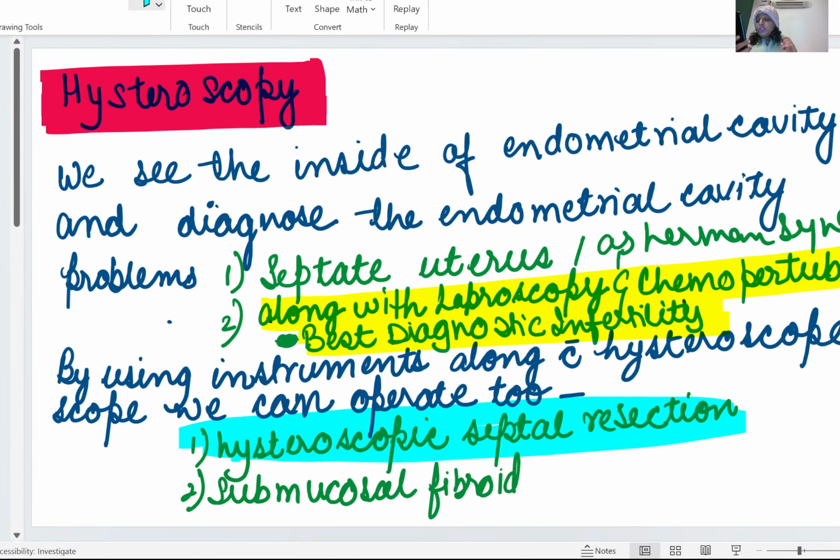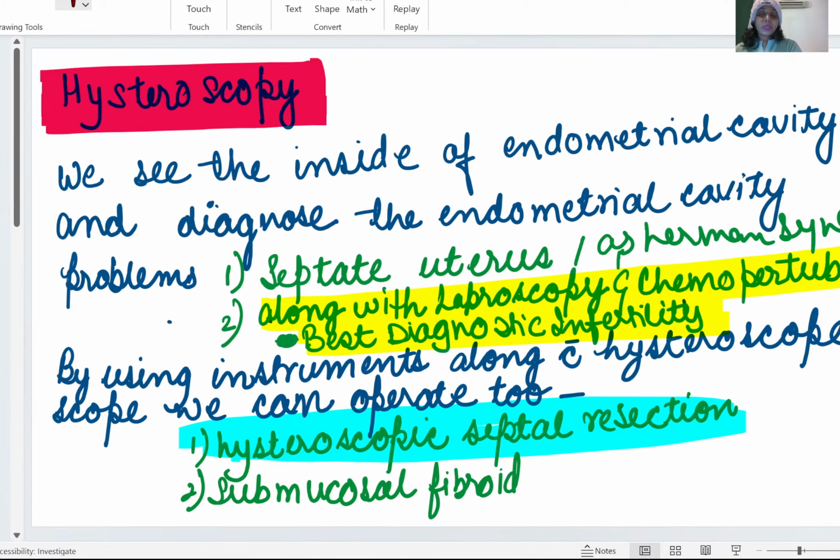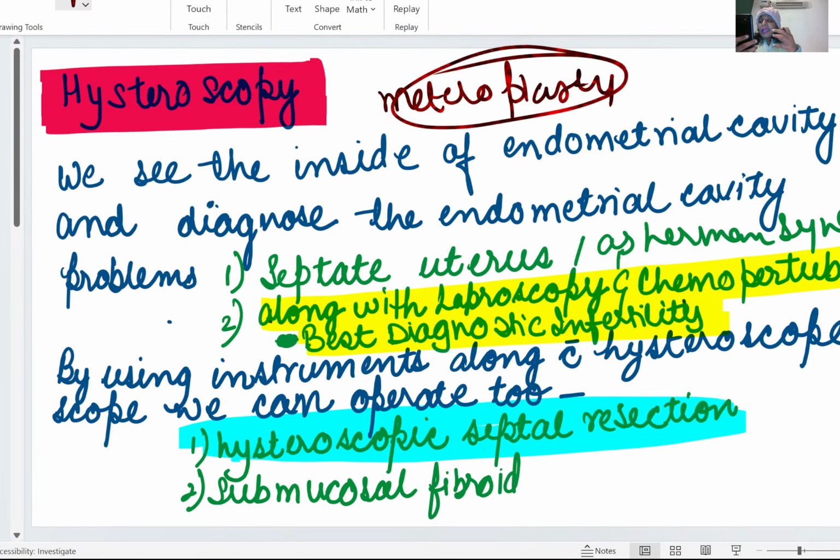We don't do metroplasty. Metroplasty is surgery on the myometrium. In septate uterus, we don't need to handle the myometrium. Handling only the septum is enough, and we remove it by hysteroscopic septal resection.